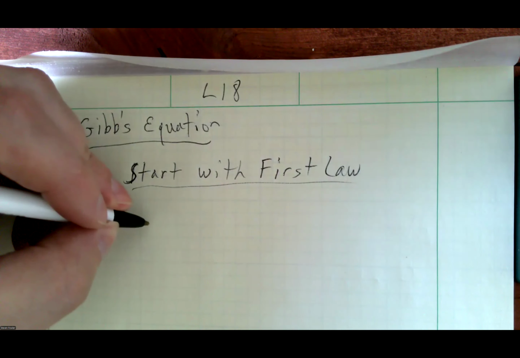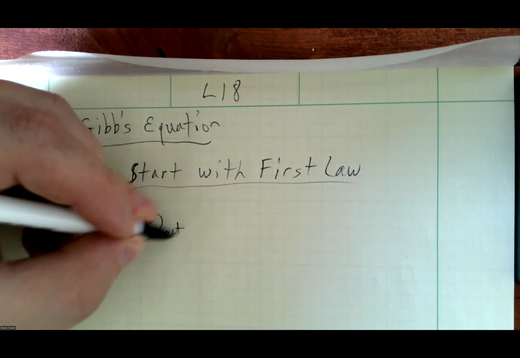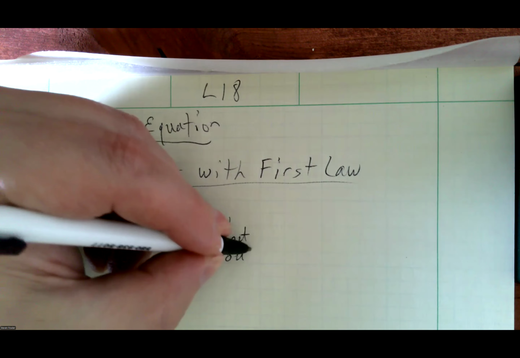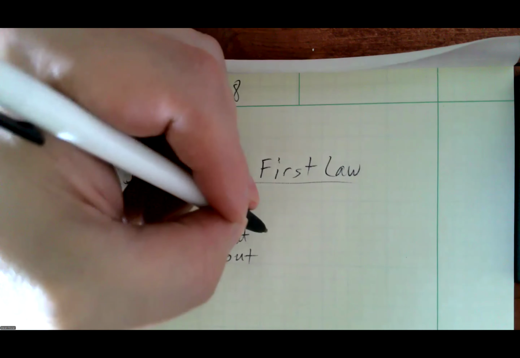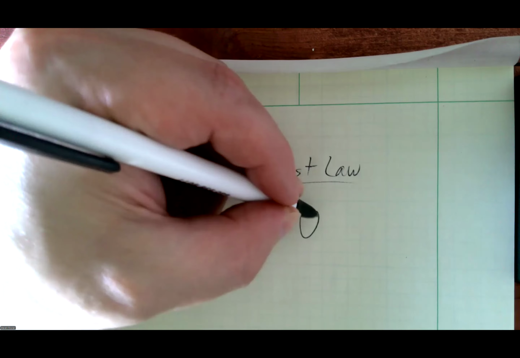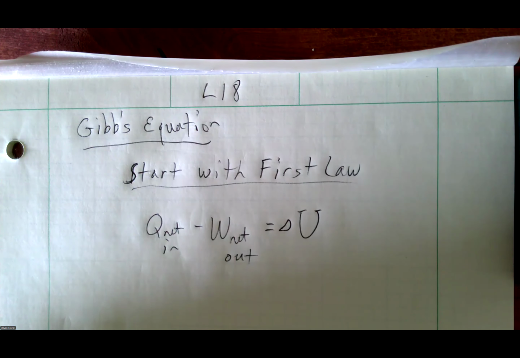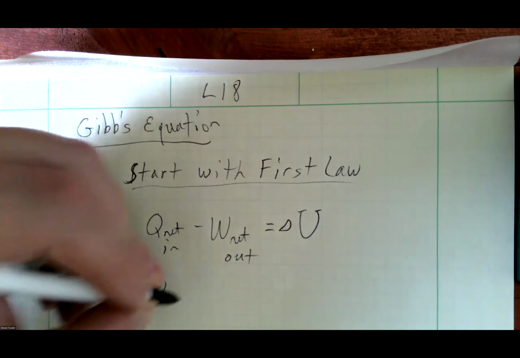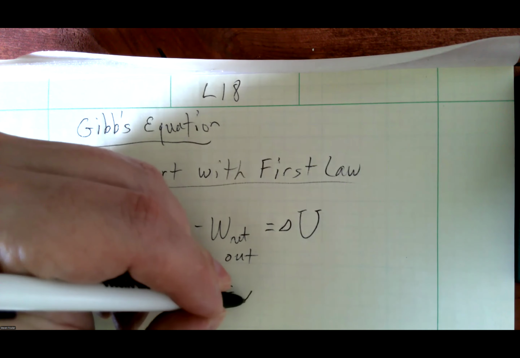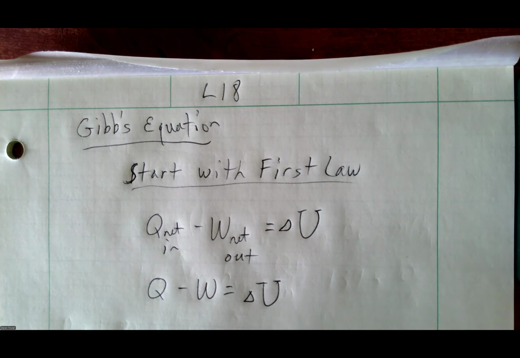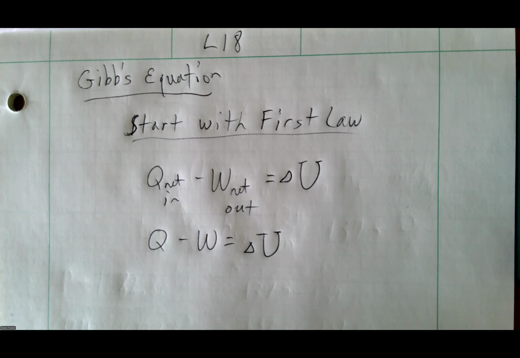And we're going to use a simplified version of the first law using a traditional sign convention, this idea of Q net in minus W net out is equal to delta big U, basically. And we don't have to keep the net in. We can just say Q minus W equals delta U. And we just understand that's using this traditional sign convention where heat in is positive and work out is positive.